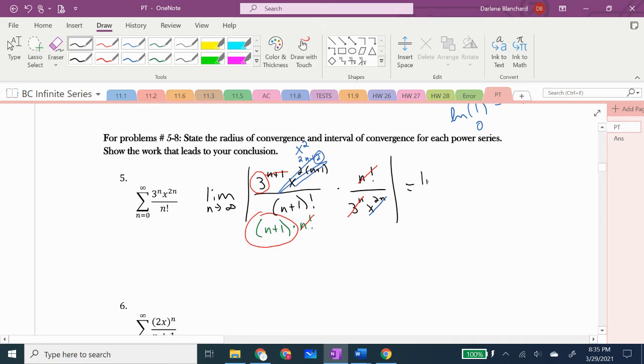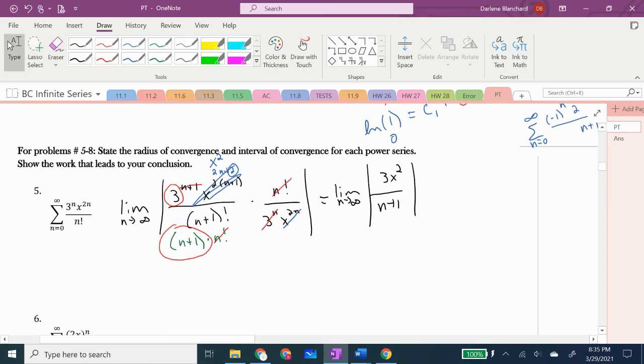Let's take a look at what our limit is at that point. In the numerator, I have a 3x squared. In the denominator, I have an n plus 1. X is only representing real numbers. If I have a real number divided by something that's heading to infinity, the fraction will head to 0. 0 is less than 1 always, so that means this converges for all real numbers.